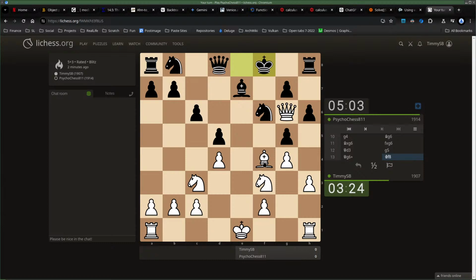No, this has to be moved. I have to move it. Maybe take here. Queen takes. Doesn't really matter, I suppose. Damn. Yeah, otherwise he attacks my knight. Is that a problem?